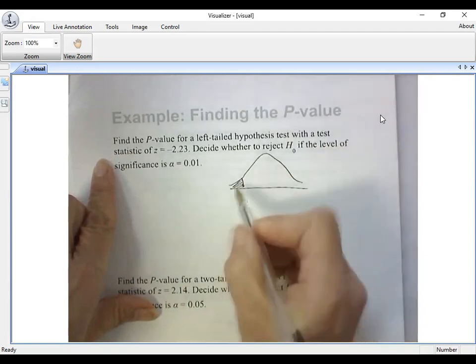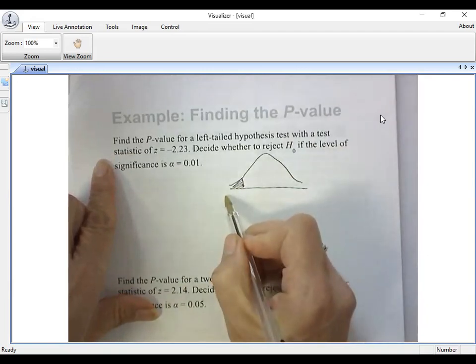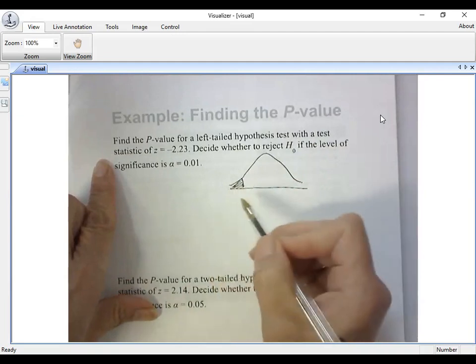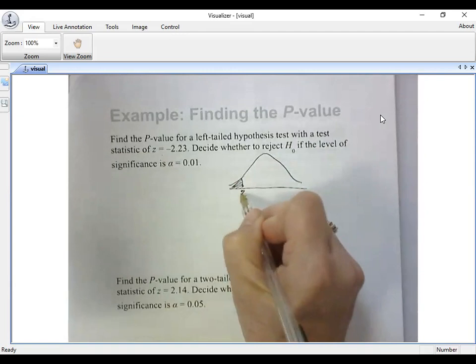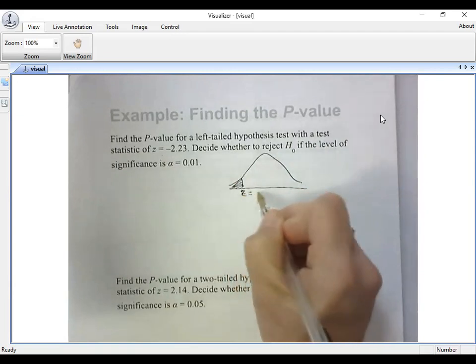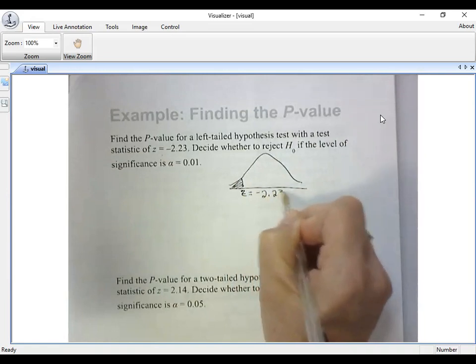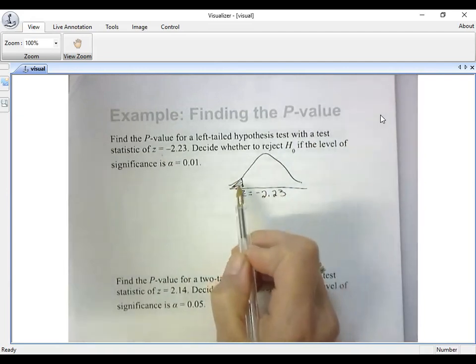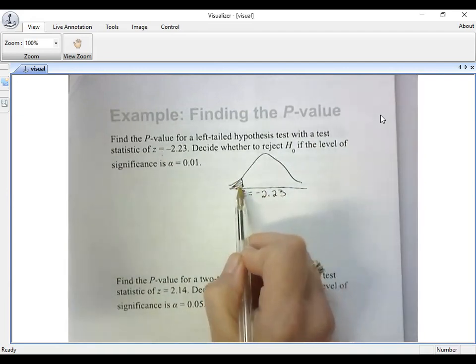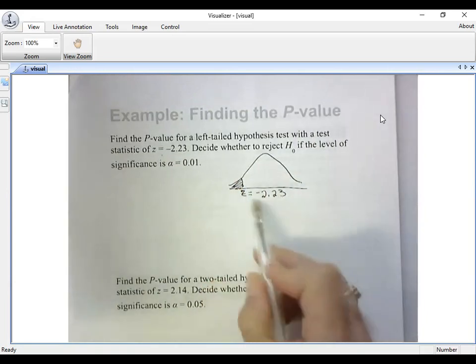Now, it didn't tell me what the p-value is for that shaded region, but it did give me the z-score that goes with it. Z is equal to what? Negative 2.23. Now, how could I find the probability, or the area of this region, if that's my z-score?